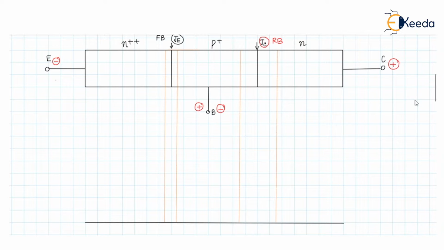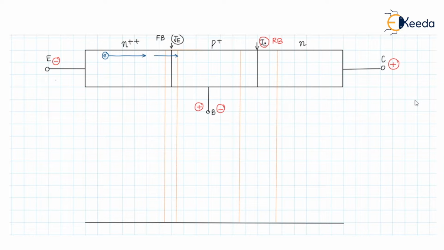Due to this, what will happen in the emitter? The electrons, which are the majority carriers of the emitter, will follow this direction, and since the JE junction is forward biased, they can cross the JE junction. This is one type of majority carrier flowing from the emitter to the base.